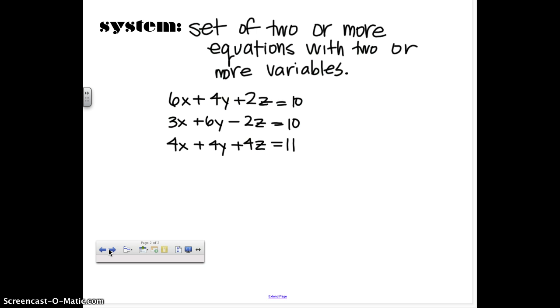Now we're concerned with linear systems. And in linear systems, all the equations are linear, y equals mx plus b. That's what we're concerning ourselves with.